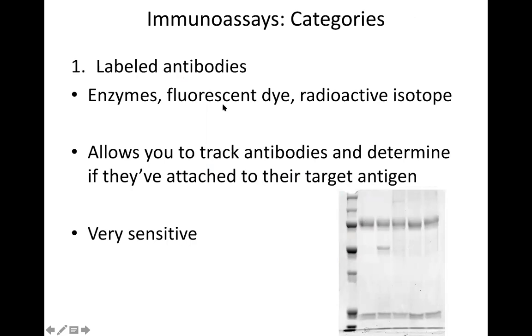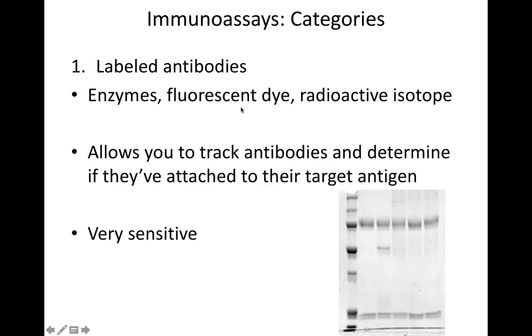And what we can do with these antibodies that we generate is make antibodies to the antibodies that are labeled. And again, you'll see what that looks like in just a second. We can label these with enzymes that will cleave chemicals to change colors of solutions.